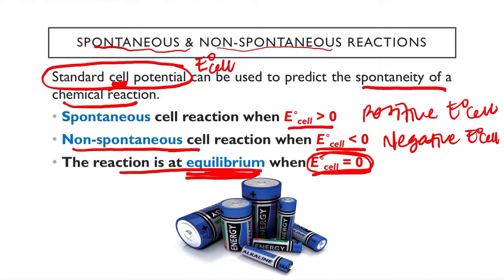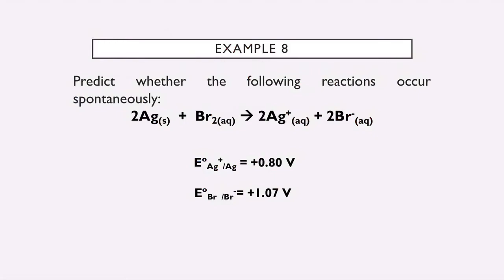So how are you going to predict whether the following reactions occur spontaneously or not? Since you have this overall cell reaction, you can write the half cell equations.